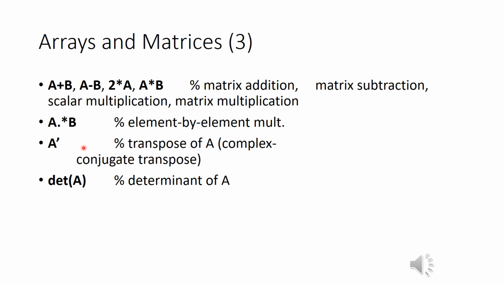A dot asterisk B is an element by element multiplication, and A apostrophe means the transpose of A, which is the complex conjugate transpose, so it also helps with complex numbers. And det(A) is a built-in function, so you don't have to calculate the determinant yourself. This function returns the determinant of the matrix A.